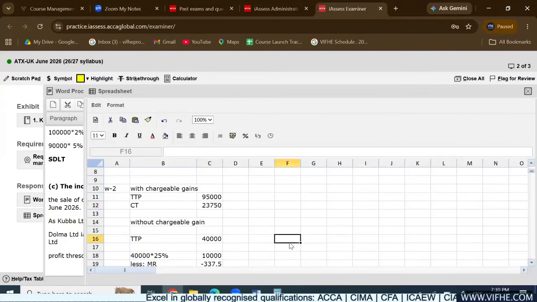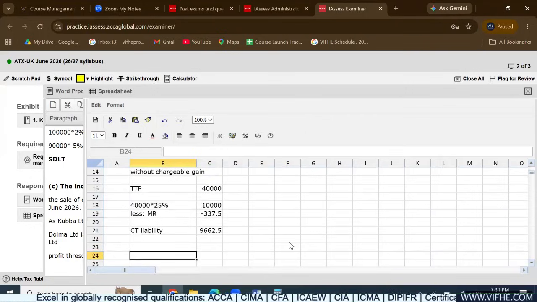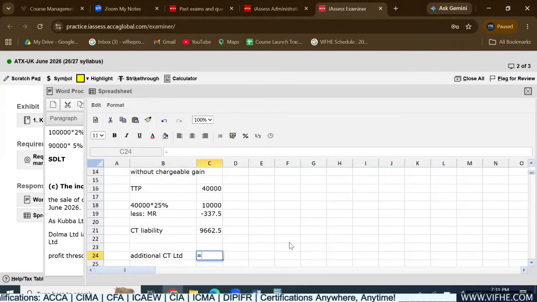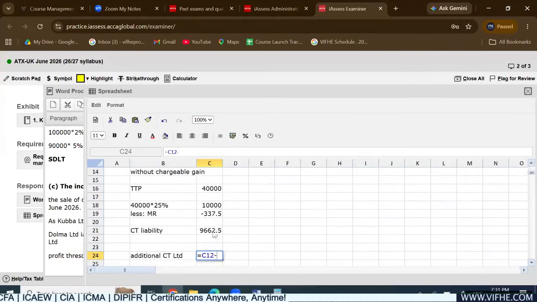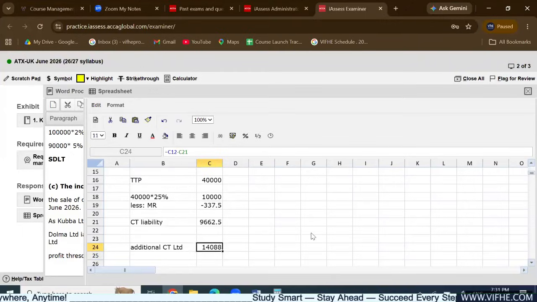I need to figure out the additional tax liability which Dibis Limited will have to bear because of the disposal of this office building. I'm just going to take the difference: 23,750 less 9,662.5, that is approximately 14,088 pounds. This is how we can determine how much extra, incremental tax the company will have to pay if they dispose of an asset and realize a chargeable gain.